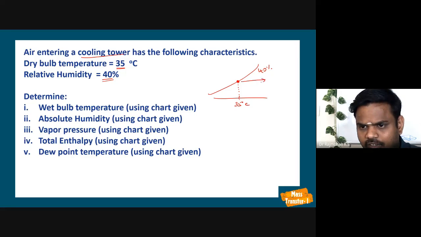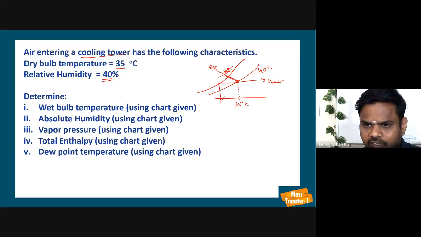You will get your absolute humidity, right? And we can get the dry bulb temperature, wet bulb temperature, and enthalpy, and if you have this 100% line, you can get the dew point temperature. And you can get specific enthalpy along this line.